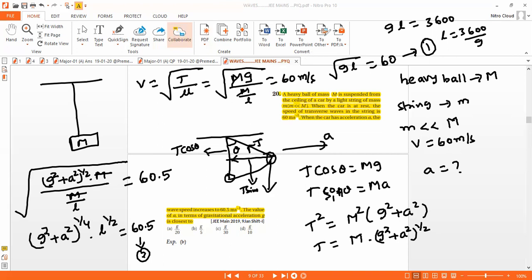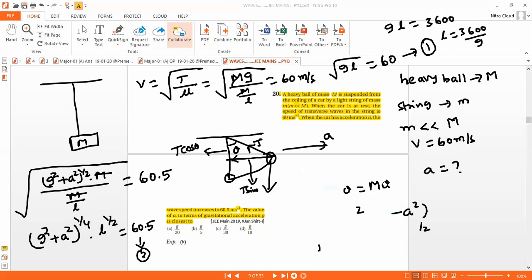That means (G square plus A square) whole power 1 by 4 times (3600 by G) whole power half is equal to 60.5.